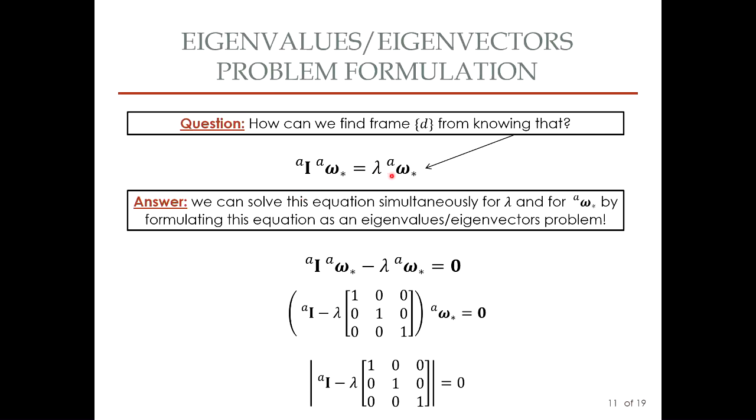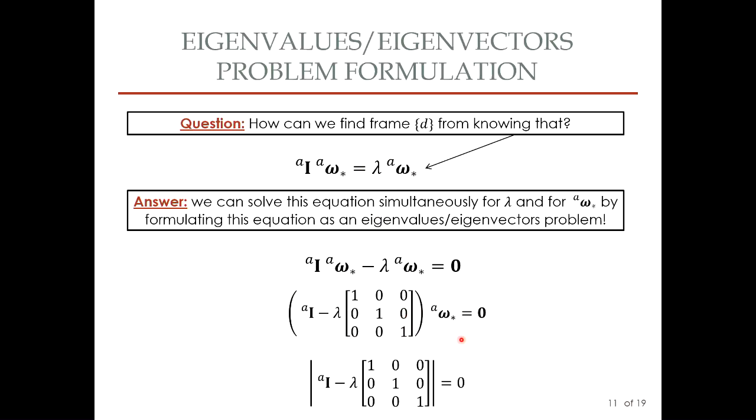So from this one, you must be familiar with eigen decomposition problems, right? This is how you start formulating this problem. If you shift this right-hand side to the left, you get this equation, and you can take this omega outside the brackets, and what you're left with is some matrix times some vector which is non-zero.